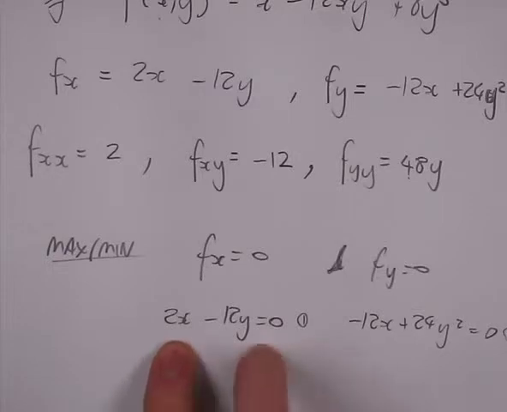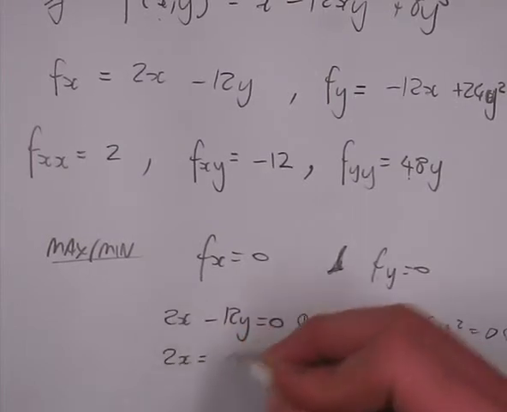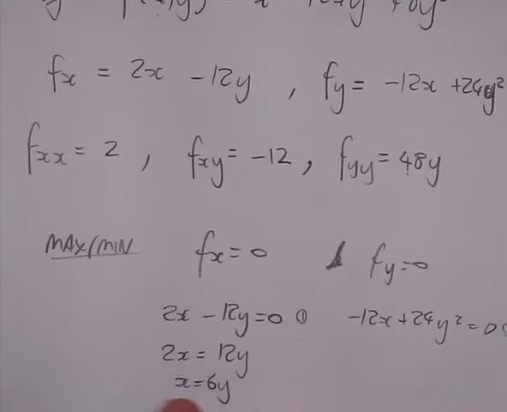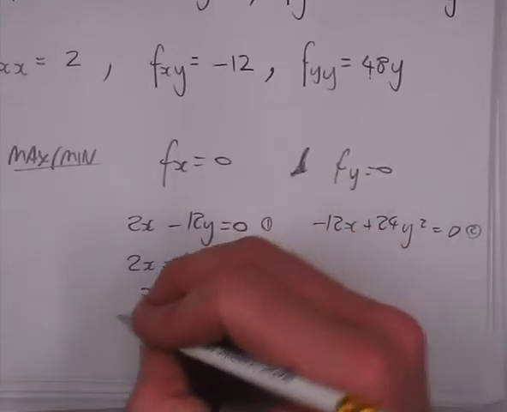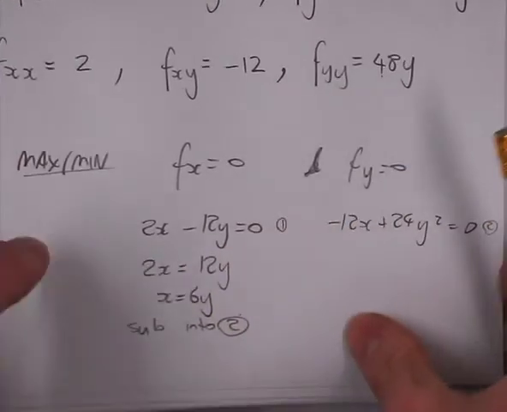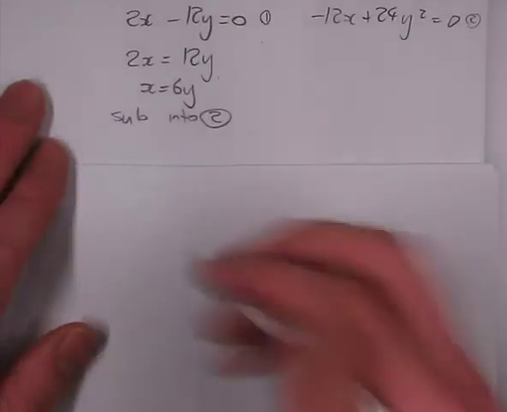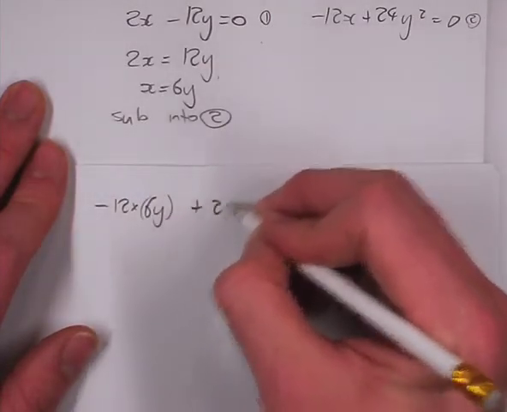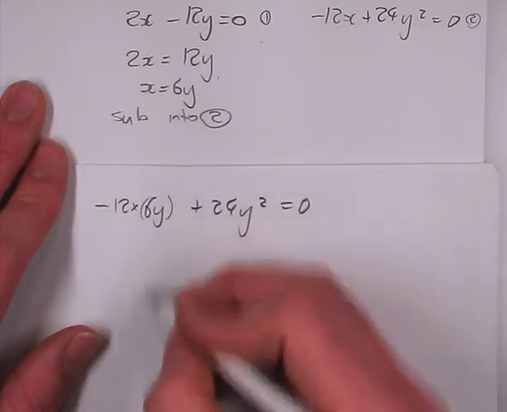So 2x equals 12y, x is equal to 6y. I could sub x equals 6y into the second equation, and it would tell me what y needed to be. So I get minus 12 times 6y plus 24y squared is equal to 0.